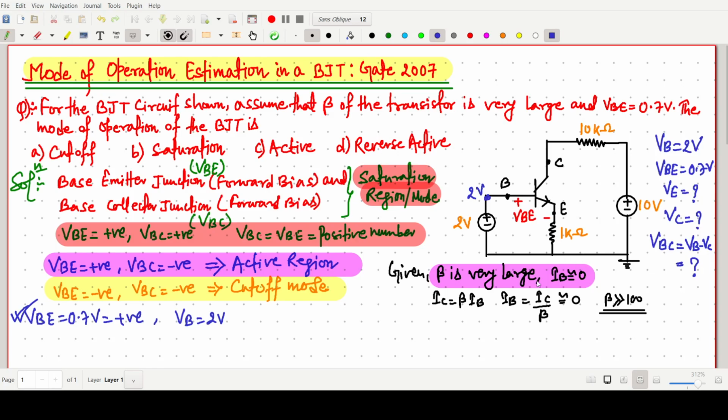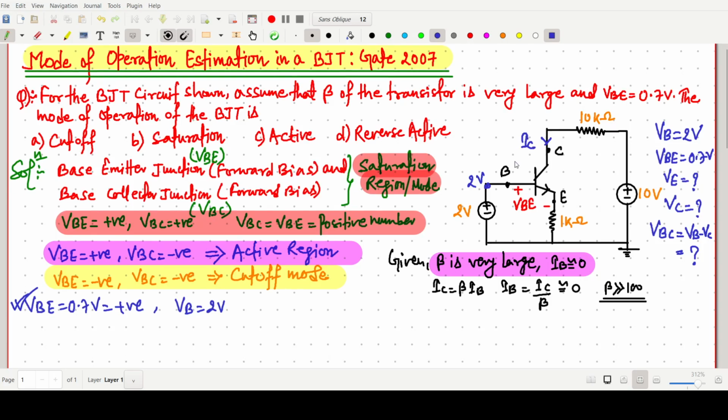Now it is given the value of VBE is 0.7 and beta is very large. So we can say this current is our collector current IC, and IB is 0.